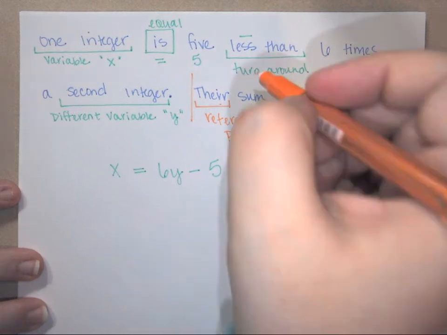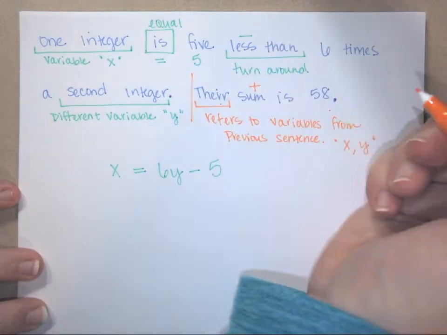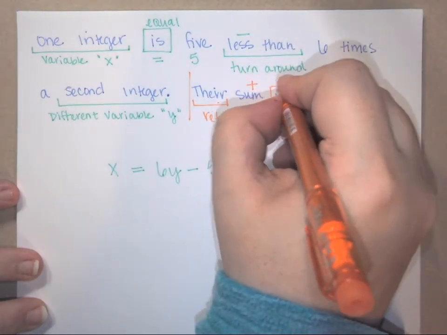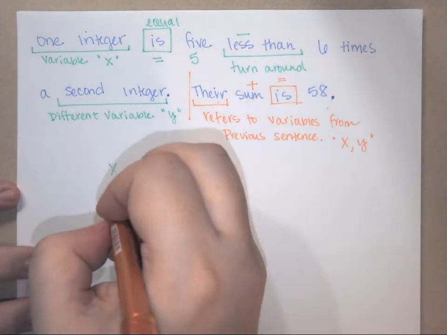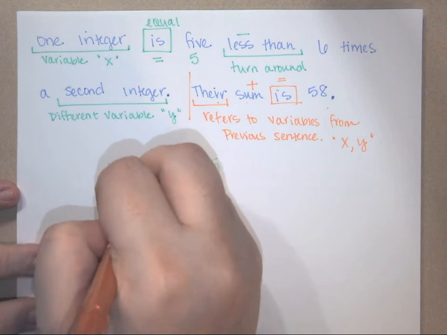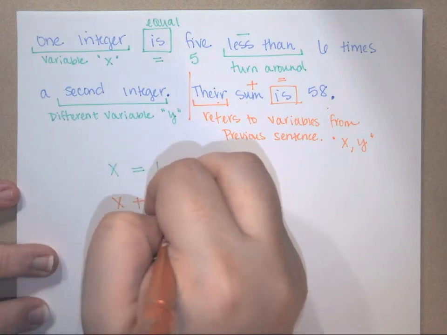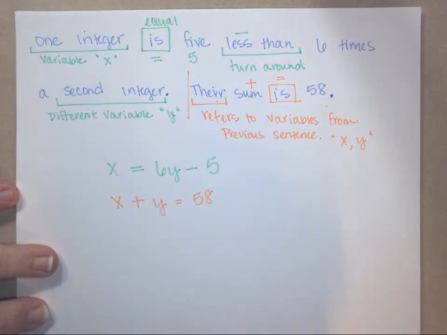Here we've got sum. Sum is addition. The "is" right here is your equals 58. So my second equation is going to be x plus y equals 58.